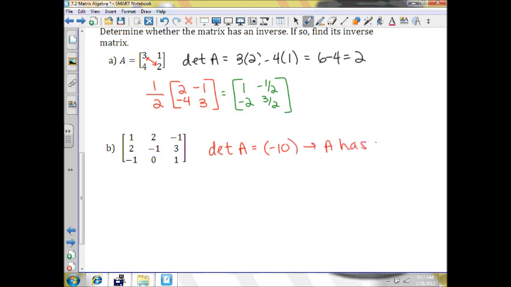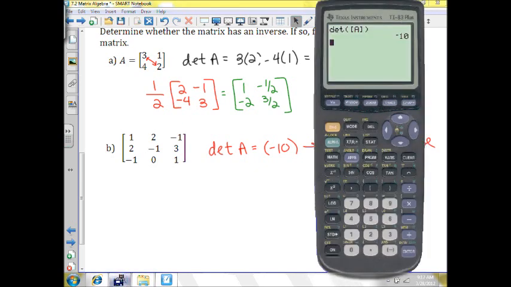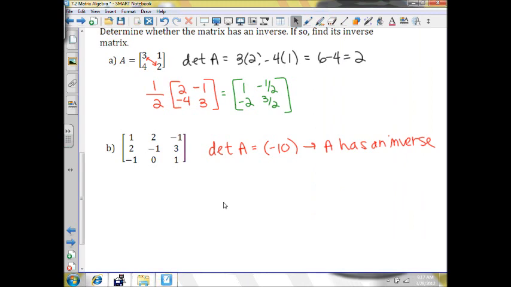A has an inverse. Now to find the inverse of this matrix here, A inverse. So the inverse here will be negative, or 1/10, 1/5, one-tenth, 1/5, and negative 1/2.